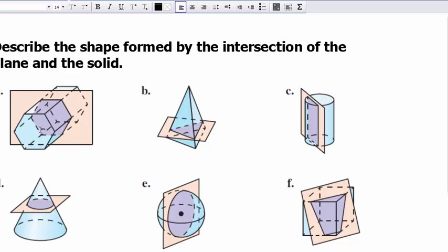Now we can get really strange when we slice these, but in general, if it's parallel to a side, this one is going to have a hexagon as the slice. In a triangular pyramid, when we slice that, it's going to be a triangle.